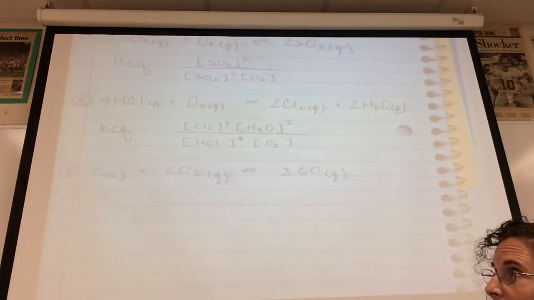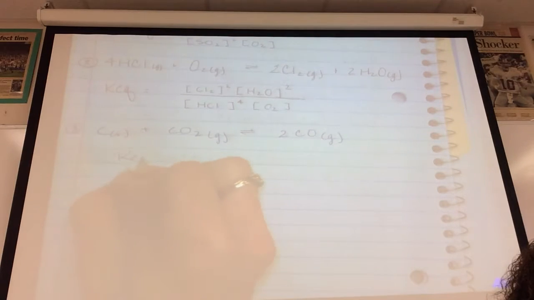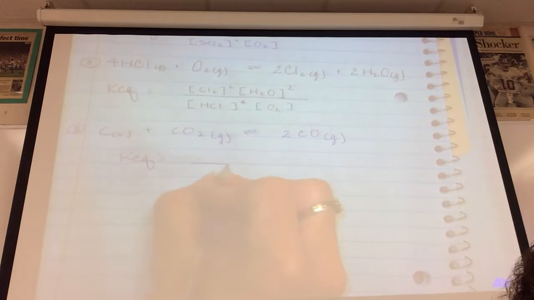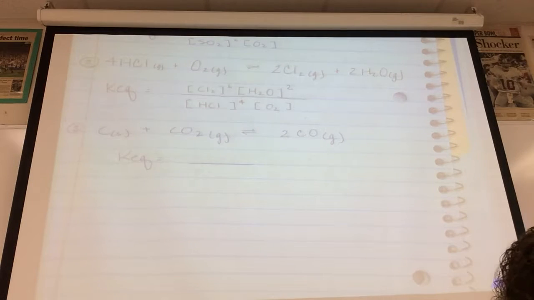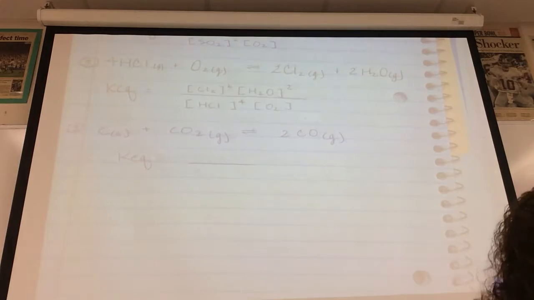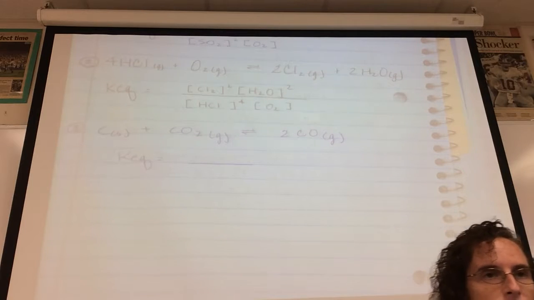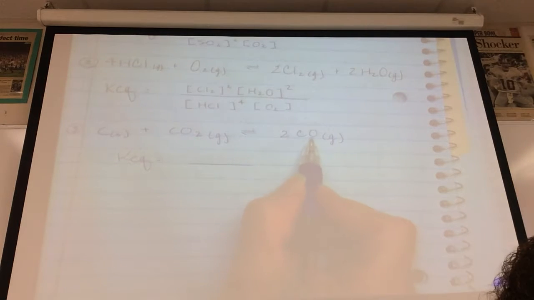All right, number 3 is a little trickier. What did I tell you about the only states of matter that go in KEQ expressions, Sam? They do have to be gases or aqueous, so no solids, no liquids.